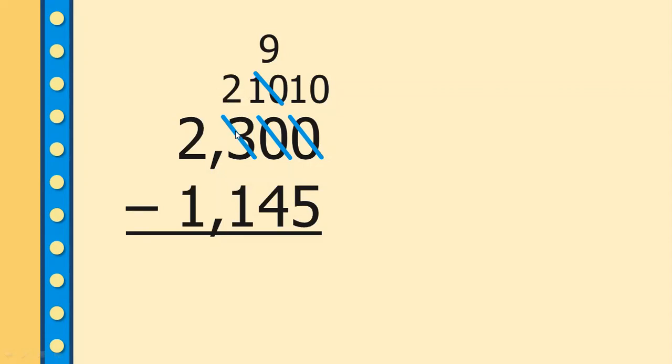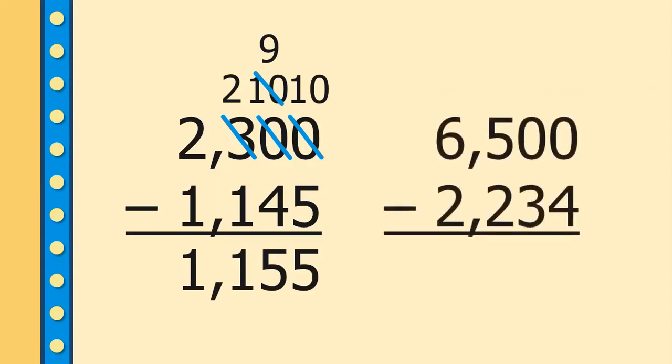Remember, we have to take from the 100's place because we've changed the 10's place to 9 tens, and the 1's place to 10. All right, so now we can subtract. 10 minus 5 is 5, 9 minus 4 is 5, 2 minus 1 is 1, and 2 minus 1 is 1. That gives you your answer of 1,155.